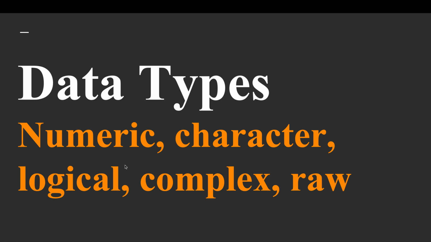Now, after the R Studio introduction, the next part: we are going to start with data types in R. There are different data types, and we will see why R needs those data types, and how we can find out whether a value is a numeric data type or character data type or other.